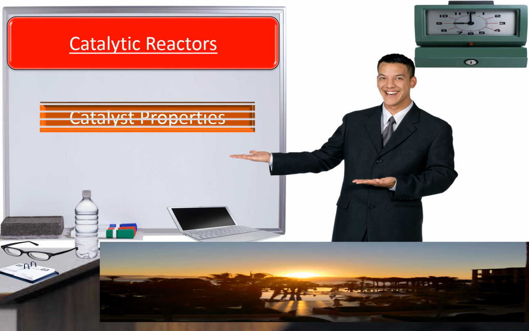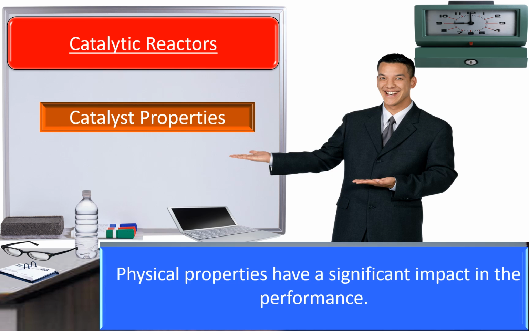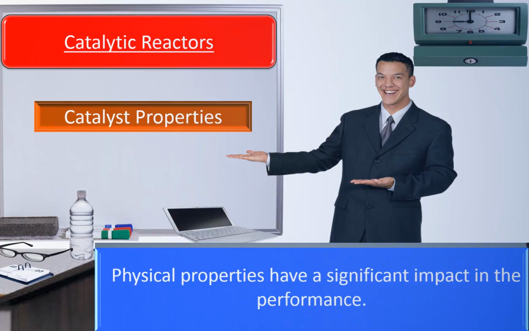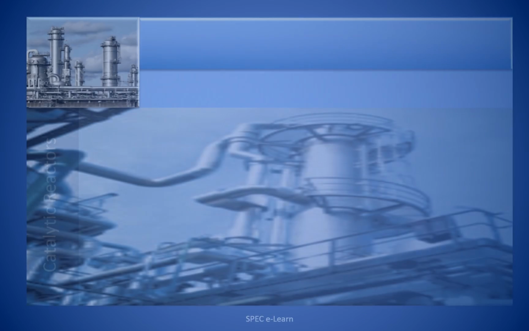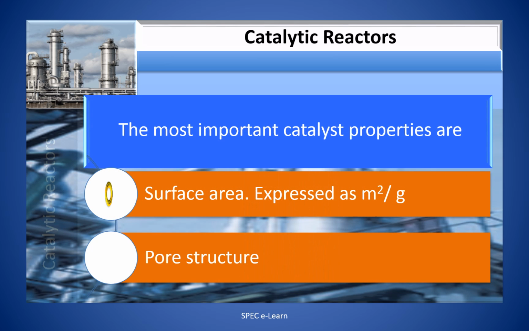Catalyst properties. Physical properties of the catalyst have a significant impact on its performance. The most important catalyst properties are: 1. Surface area, expressed as meter squared per gram of catalyst.